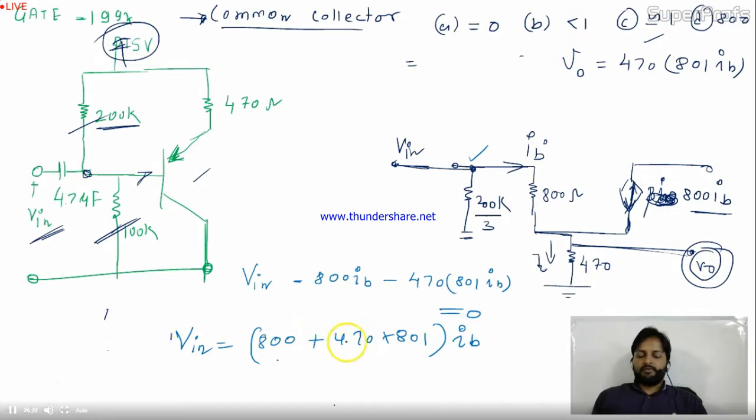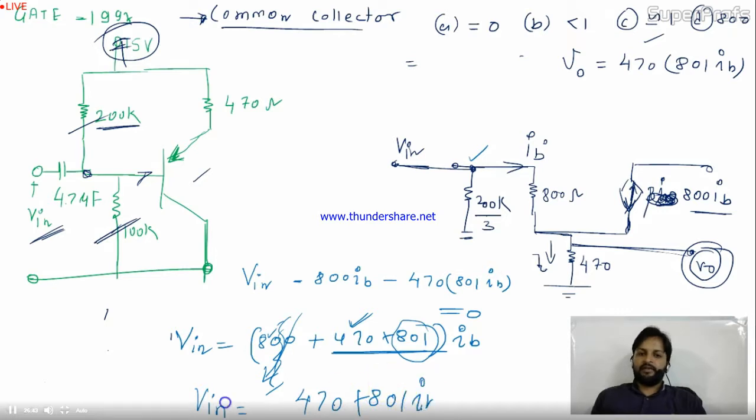Now, with respect to this, 800 is very less. 470 is multiplied 801 times and this is only one time. This is a very small amount. So your V in is nearly 470 into 801 of IB.